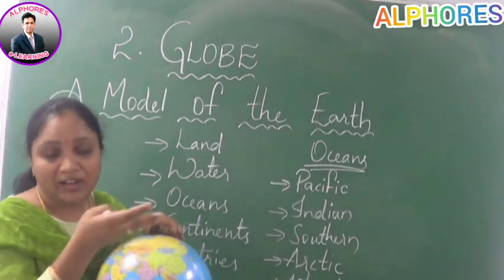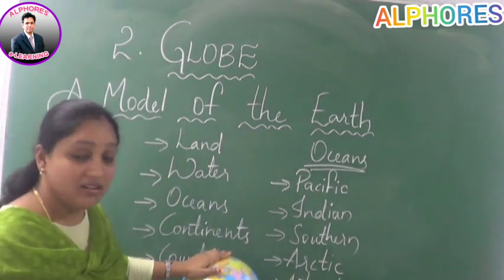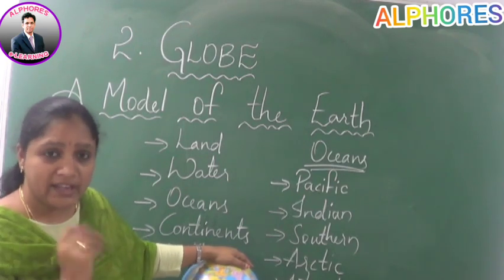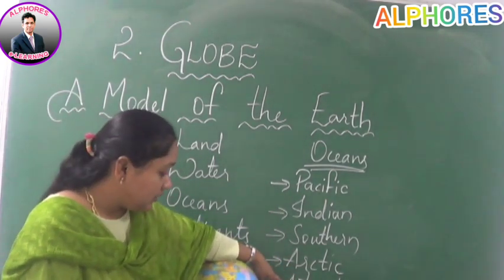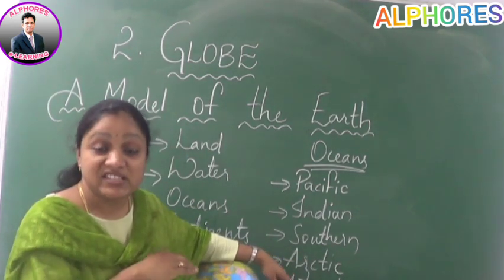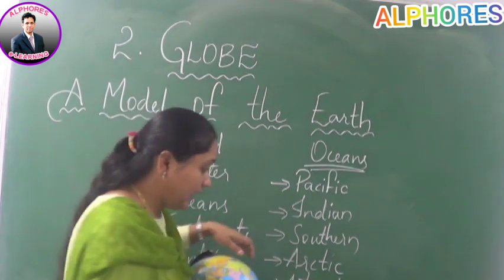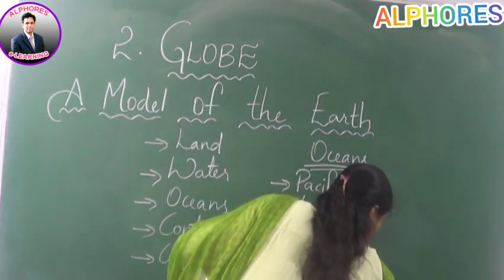One is at the top and one is at the bottom. These zones are freezing, meaning cool areas. So the Arctic comes under the frozen zone and the Antarctic also. But in the Antarctic Ocean, we can see an ice shield, not water, an ice shield.